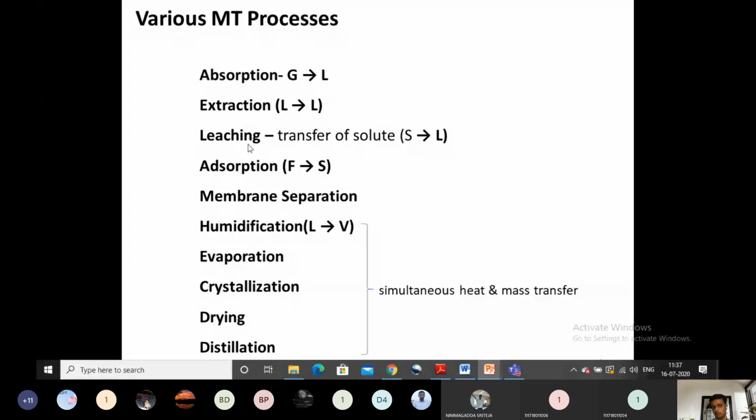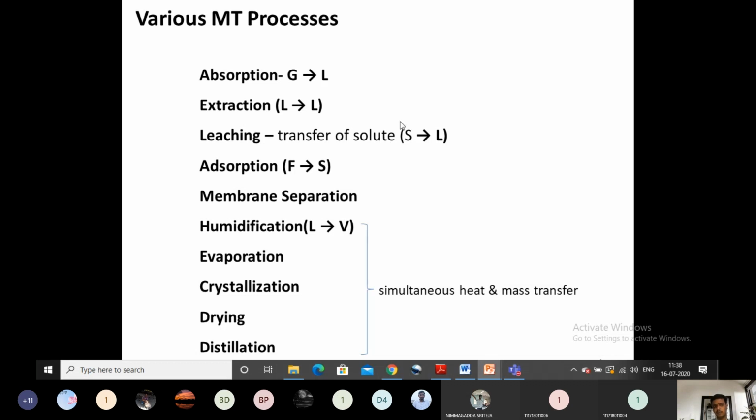The solute in the liquid phase extracted using a solvent also in the liquid phase is called liquid extraction. In industrial terminology, this can be referred to as extraction or liquid extraction, whereas the transfer of solute from a solid to the liquid phase is called leaching.